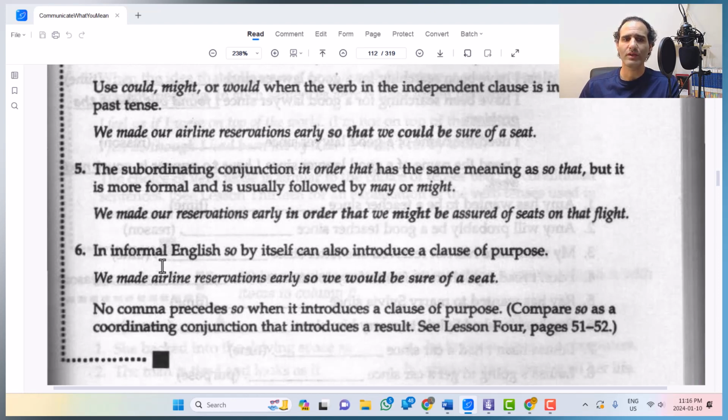Okay, and also we can use would, but that is a little less formal. We made airline reservations early so we would be sure of a seat. We made so we would be. We made in order that we might be. We made so that we could be sure of a seat. Okay, got it, my friends?